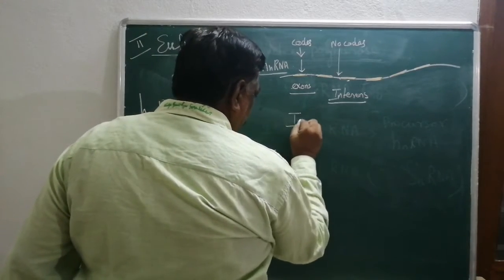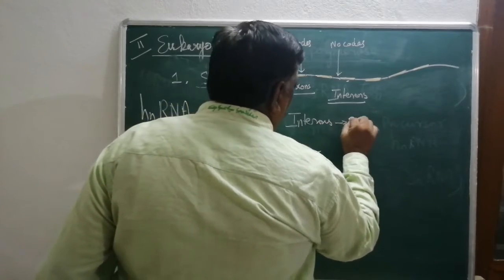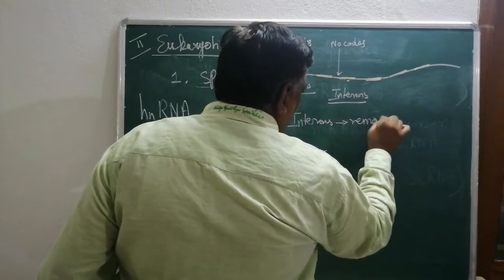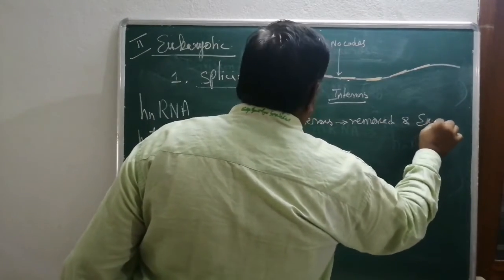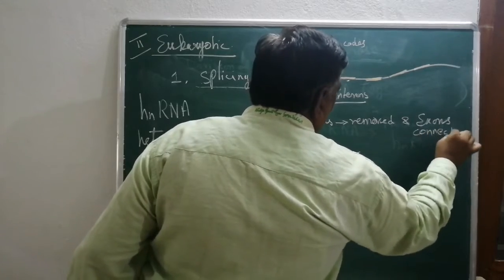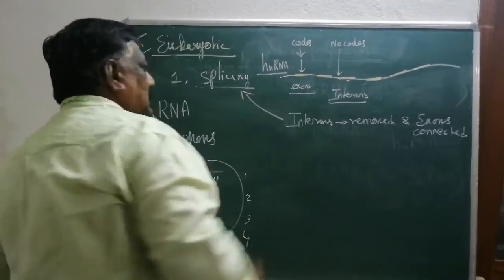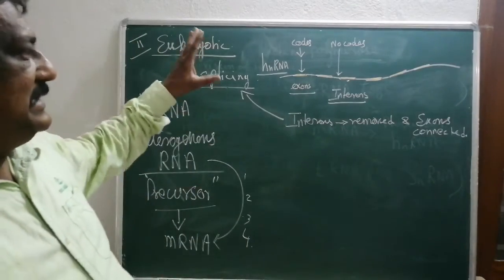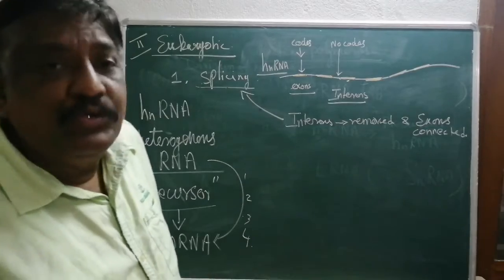When unwanted regions are removed, what happened? Introns are removed and exons are connected. This process is called splicing. When splicing is over, how does it look?